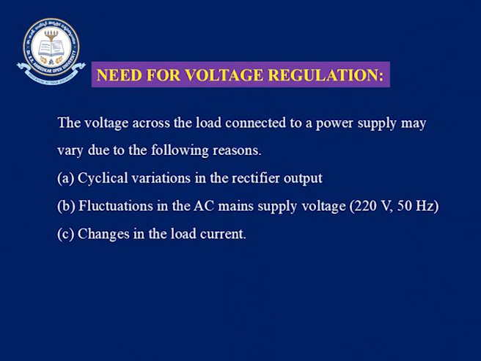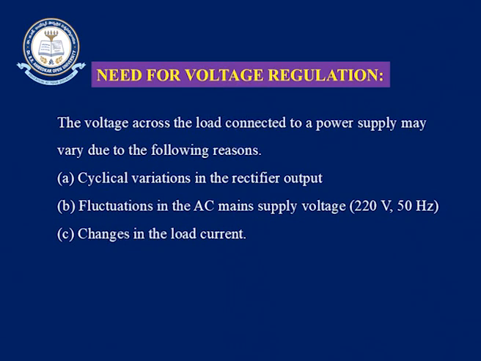We just discussed that a PN junction diode may act as a rectifier, converting pulsating AC into DC. DC converted into AC is an oscillator. Second, fluctuations in the AC mains supply voltage, that is 220 to 240 volts, with a frequency of 50 hertz.